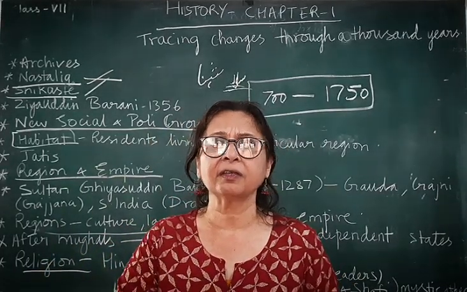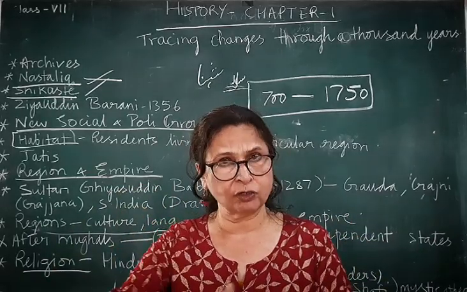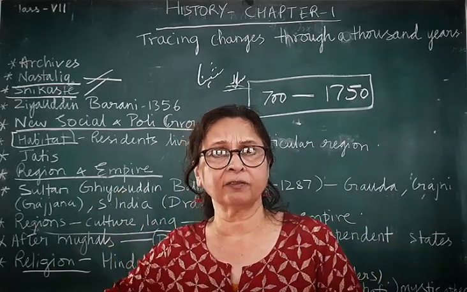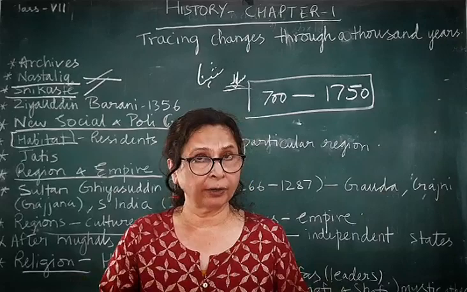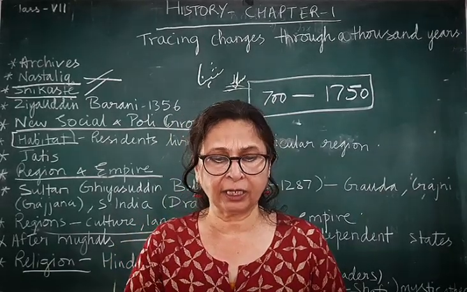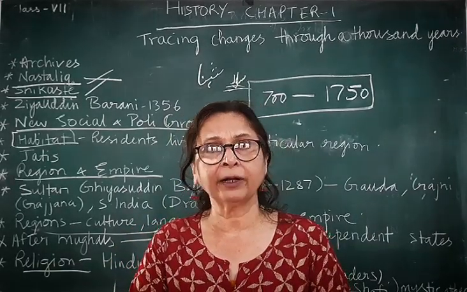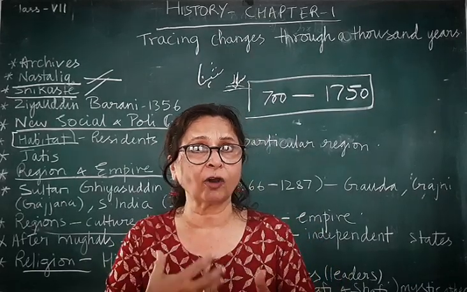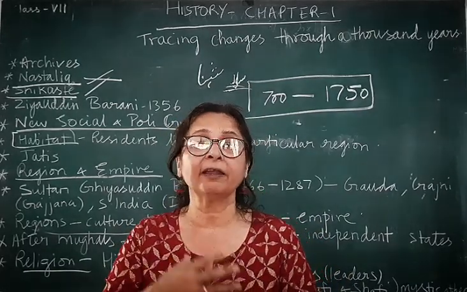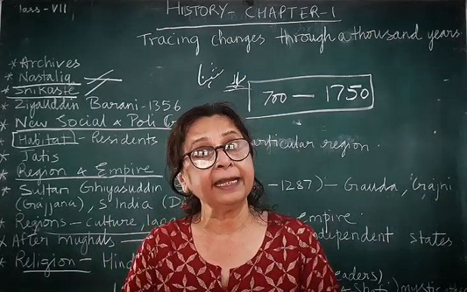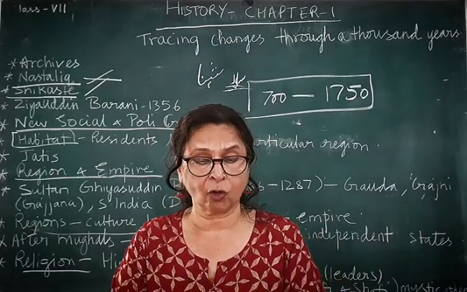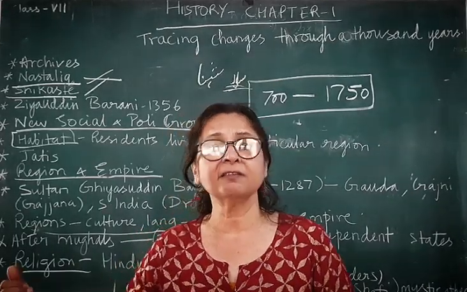There were invaders, and there were many changes. You are going to read about them in the chapters that follow. Then the modern history that we have today, with progress not only in technology but also intellectual progress and changes, and we are going to read about all this in the lessons that follow.